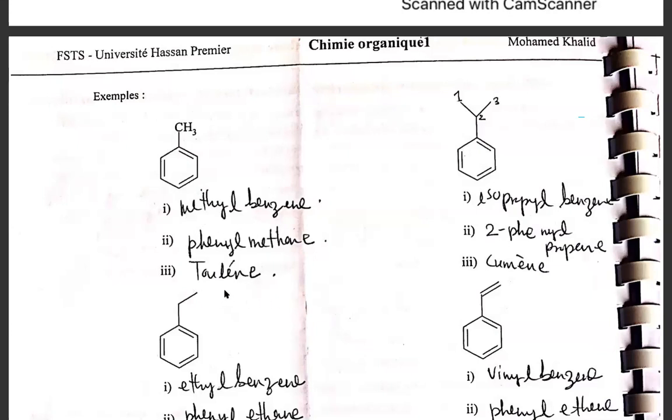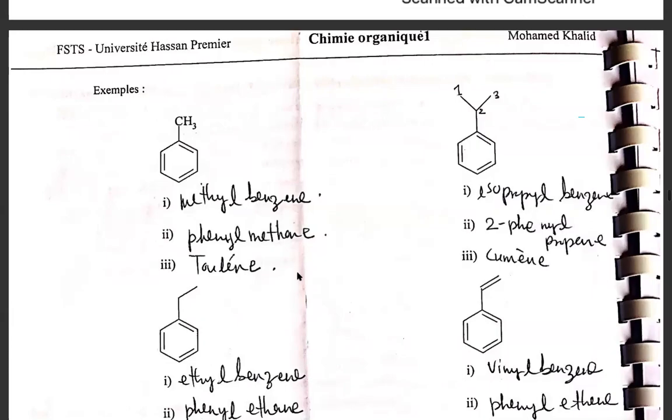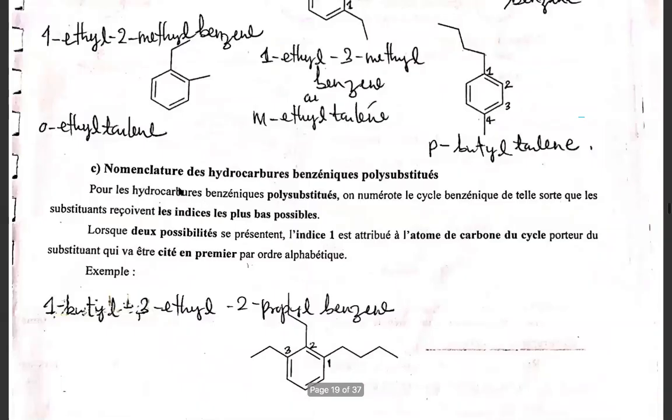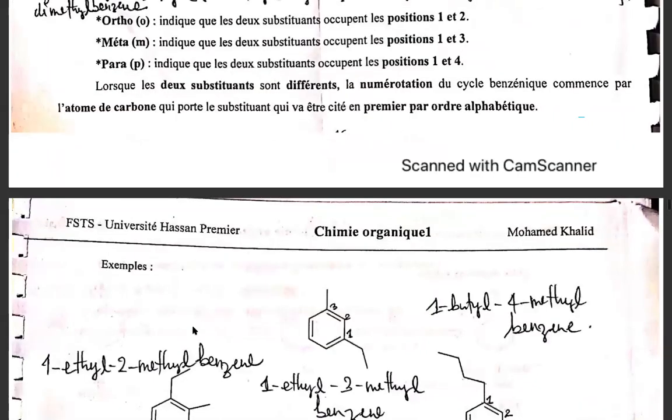Then when you go to the other side, forget about phenylmethane. I'll come to this one later on because you've not learned about the arrangement of the hydrogen atoms. That is for the phenyl radical. So I'll come to this later.